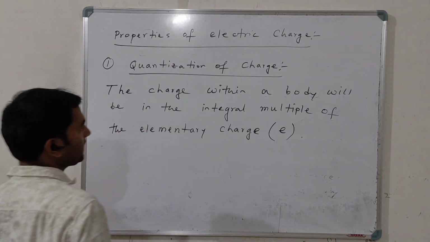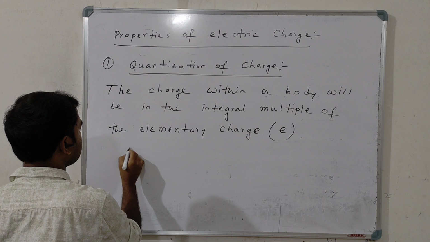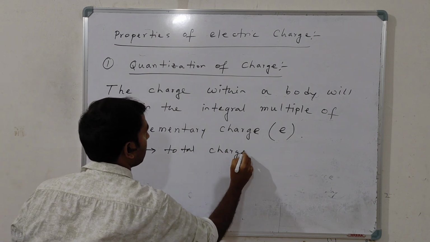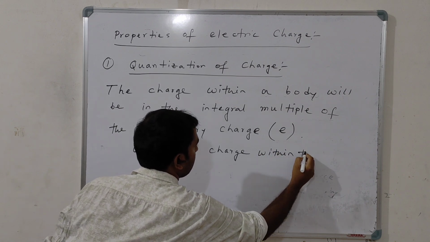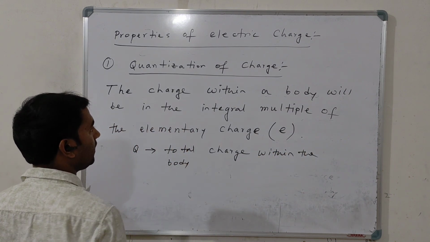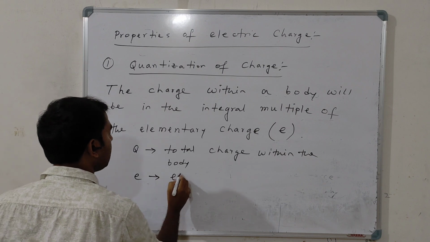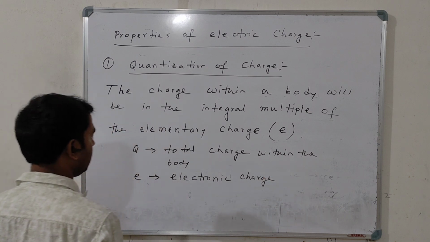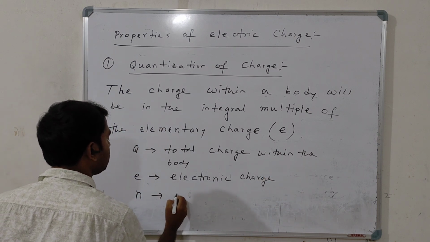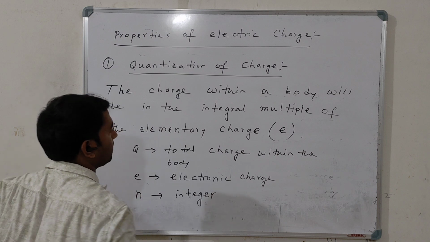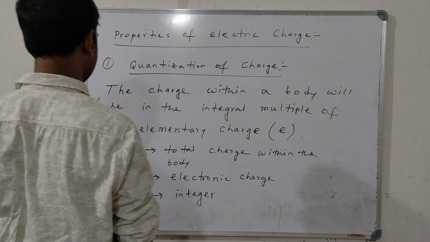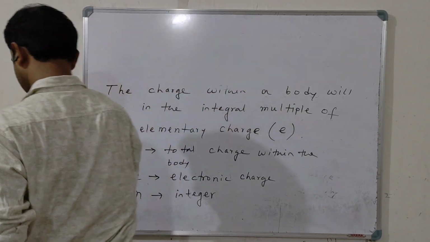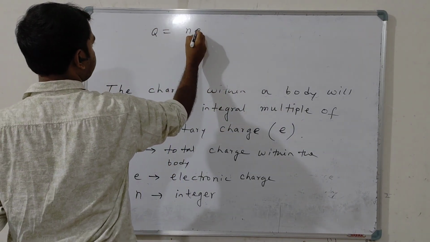So if we consider Q to be the total charge within the body, e to be the elementary or electronic charge, and n to be the integer 1, 2, 3, 4, then the mathematical statement of quantization of charge will be Q equal to ne.